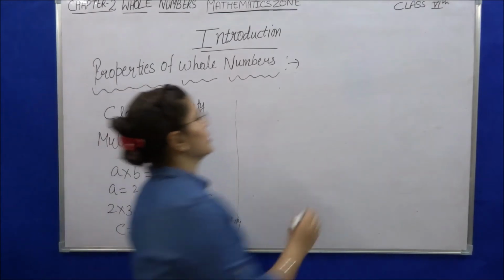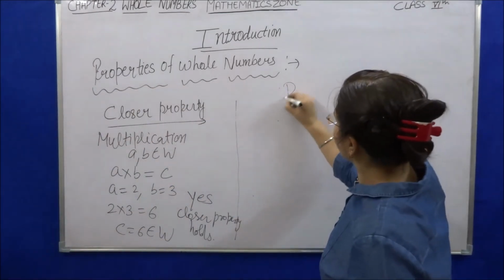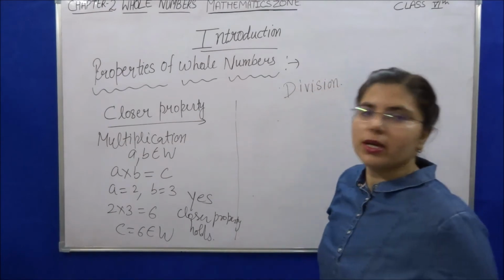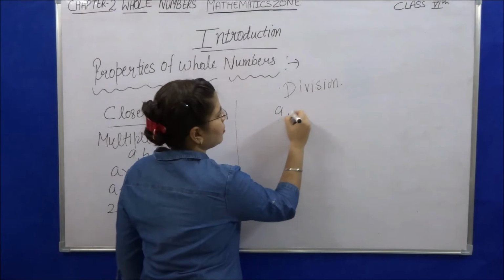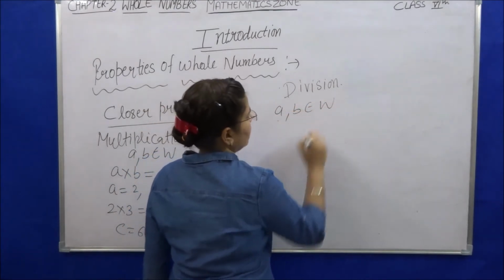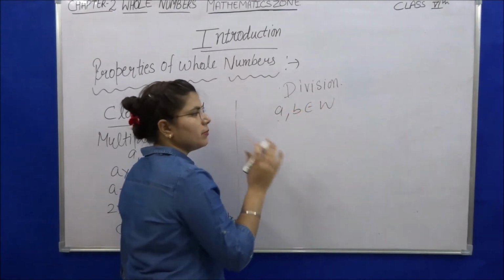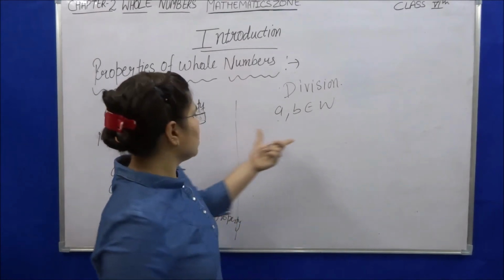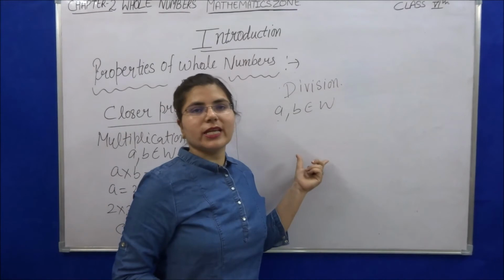Now let us consider the case of division. Under division, if we consider a and b belong to whole numbers, then c should also belong to whole numbers if closure property holds in the case of division.